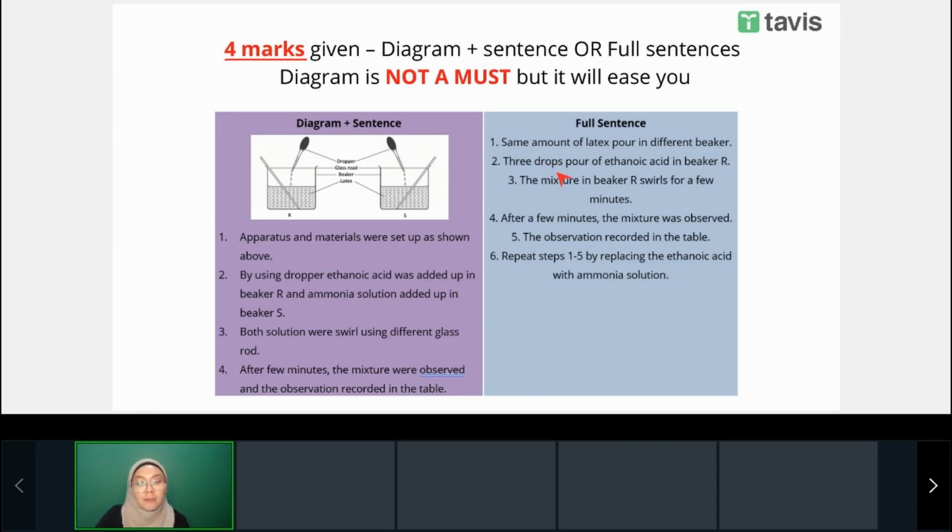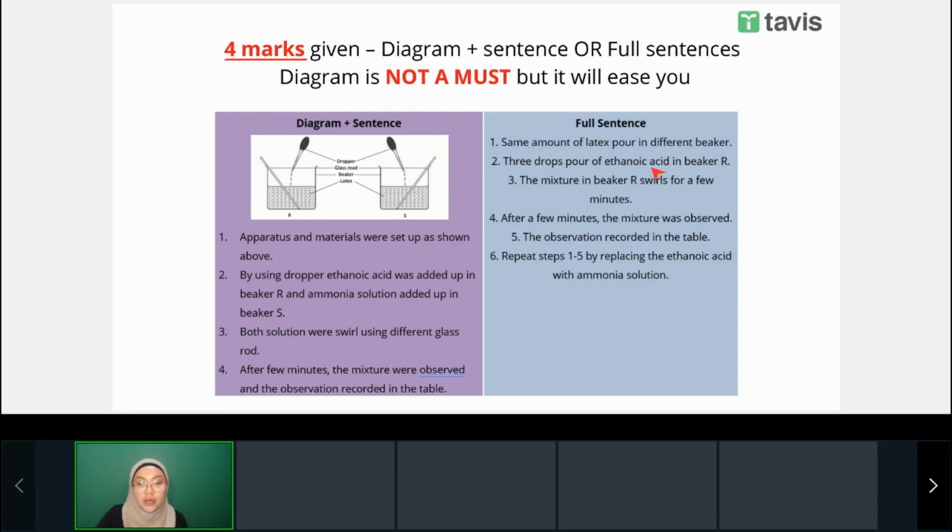After that, drop a few drops of ethanoic acid into the beaker. You don't have to write one by one. You only have to write the apparatus and material setup as shown above. Beaker R is added with acid, while beaker S is added with ammonia alkali. So it's up to you. If you don't want to draw, it's okay, just write full sentences, but it has to be from scratch.